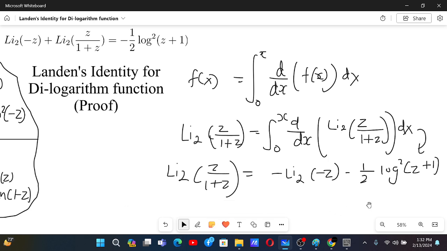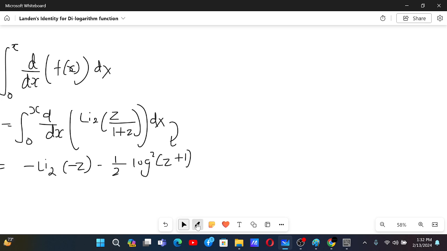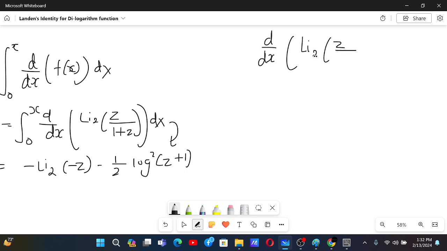First of all, let's differentiate this. If we differentiate Li2 of g by 1 plus g, we know that the derivative of Li2 is minus ln of 1 minus t by t.